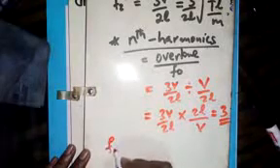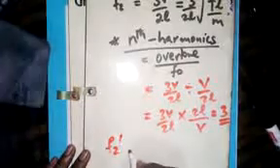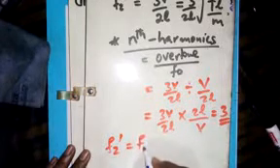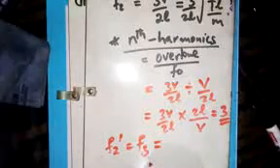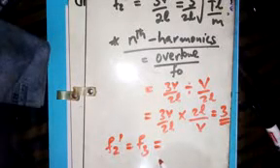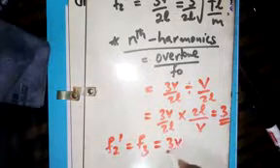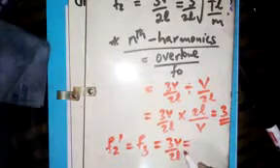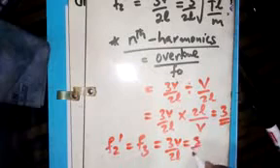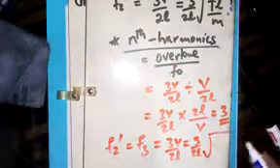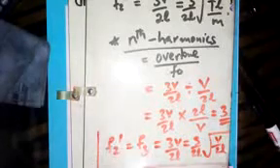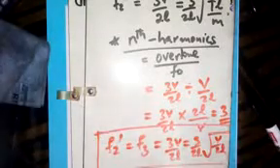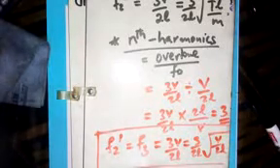The second overtone is the same as the third mode, which is the same as the third harmonic, which is the same as 3v/2L, which is the same as 3/2L under the root of tension over mass. Therefore, the second overtone and the third harmonic are the same.